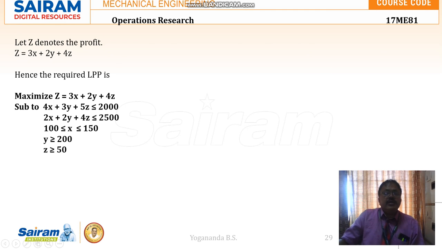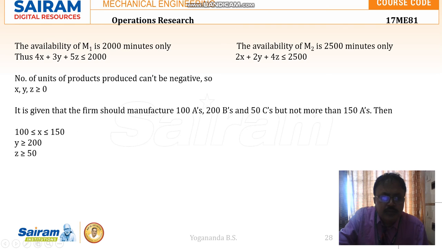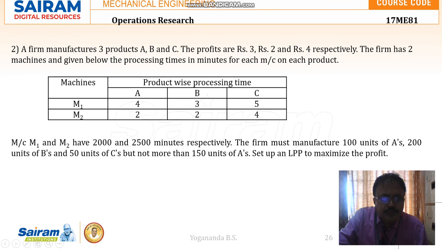So let Z denote the profit. It is given that the profits are rupees 3, 2 and 4 respectively on 1 unit of A, 1 unit of B and 1 unit of C. For X, Y and Z units produced respectively of these three products A, B, C, it is 3X plus 2Y plus 4Z.